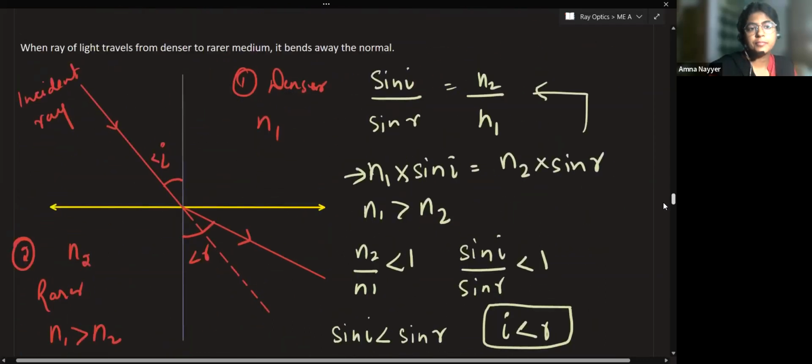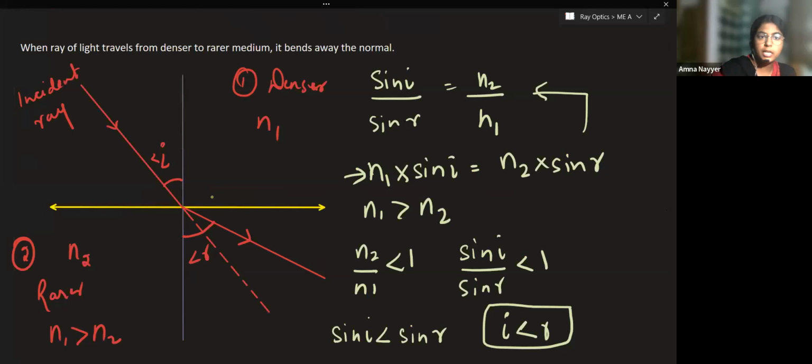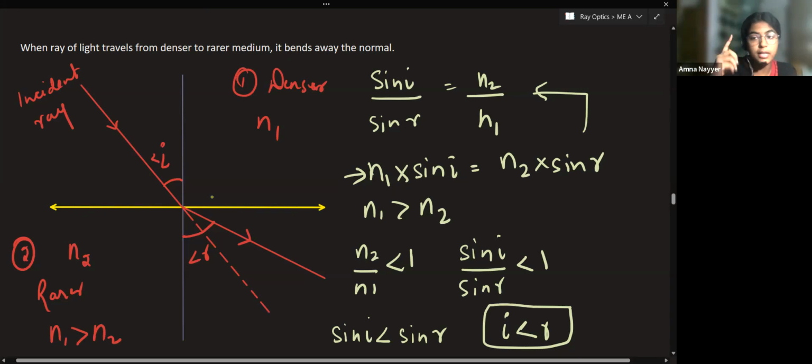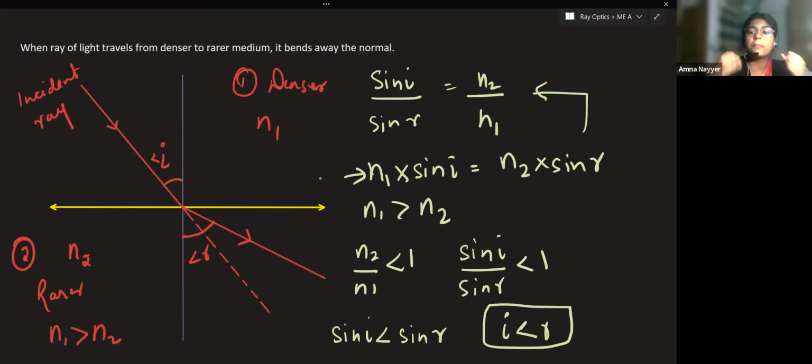See class, if your light ray travels from a denser to a rarer medium, the denser medium is this and this is the rarer medium. Denser and rarer I have discussed: this means optically denser, not density in that sense. So what will happen over here?